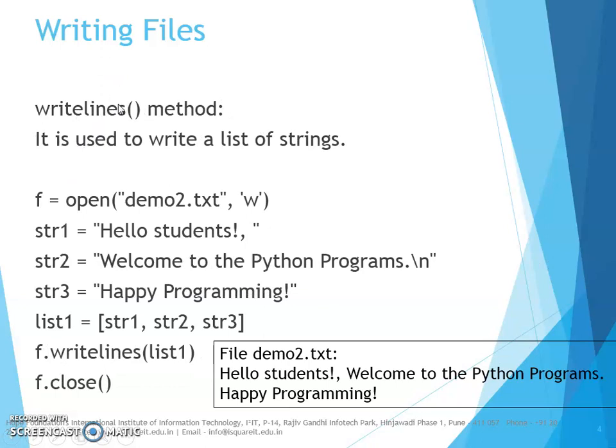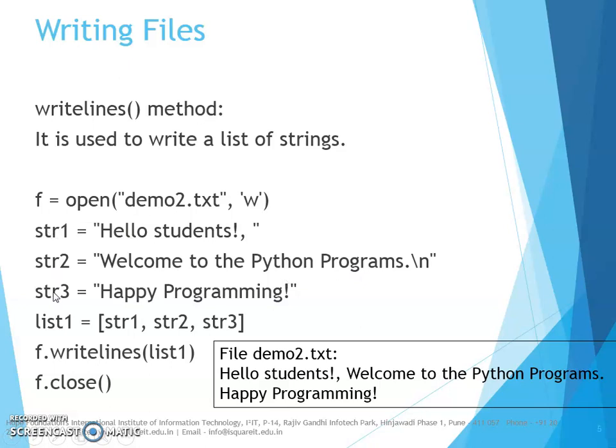Now, the next method is writelines. This method is used to write a list of strings, that is multiple strings, in a file. As we said, we have to open the file first. Then suppose there are three strings: str1 is hello students, the second string is welcome to Python programs, and the third string is happy programming.